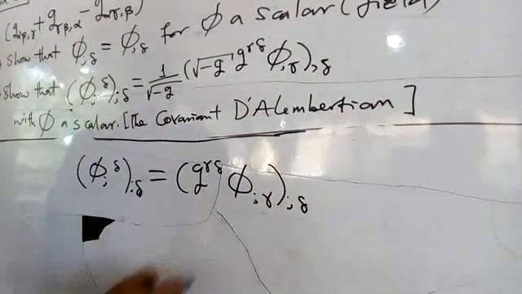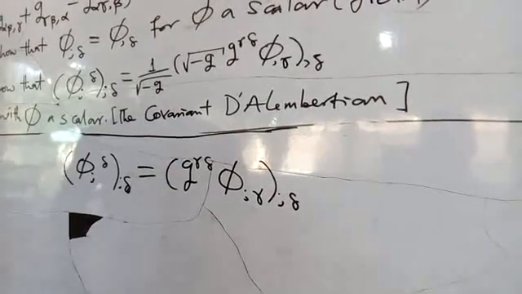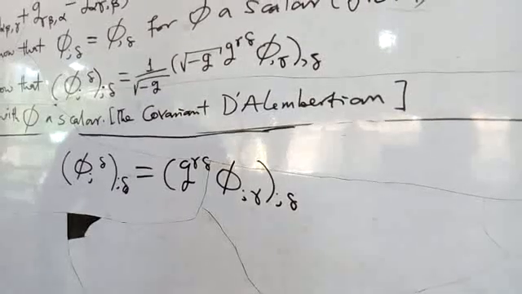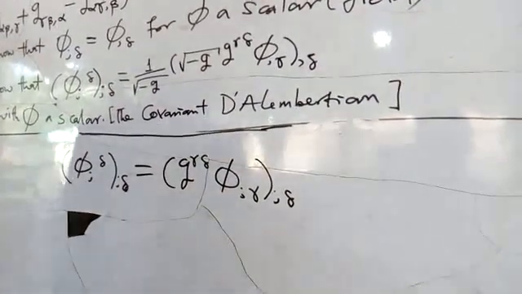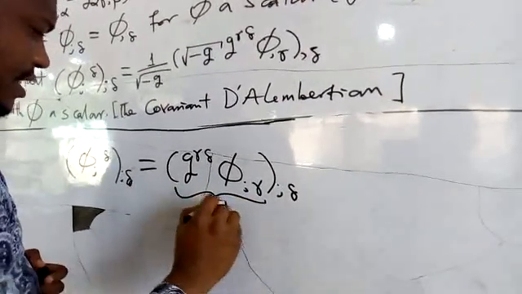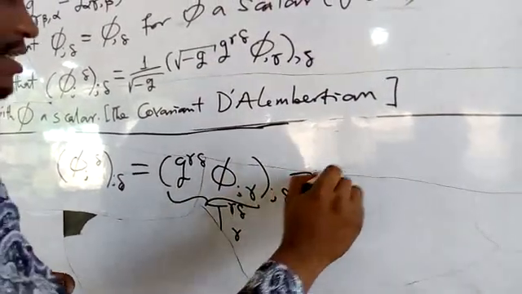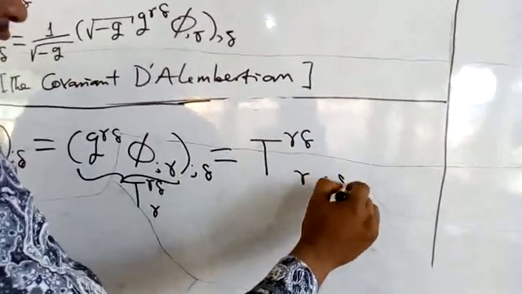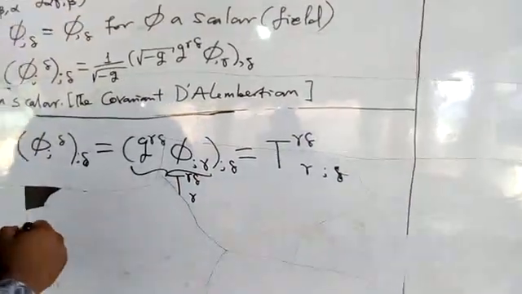Of course, this now looks like what we already know, or how to handle. At this point in time, what we simply have to do is to define the covariant derivative of this. But maybe for a start, we want to start from dealing with the outside first. We can call this whole thing some T gamma delta gamma. So that this is the same thing as T gamma delta gamma and that. Exactly. So that this is what we get.